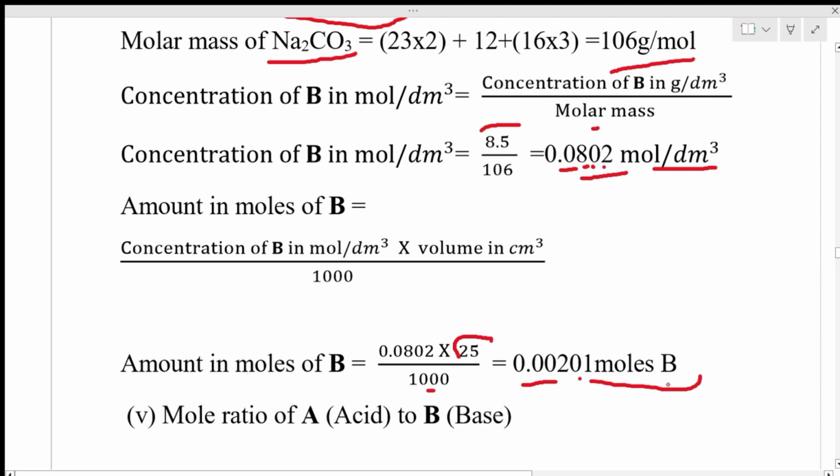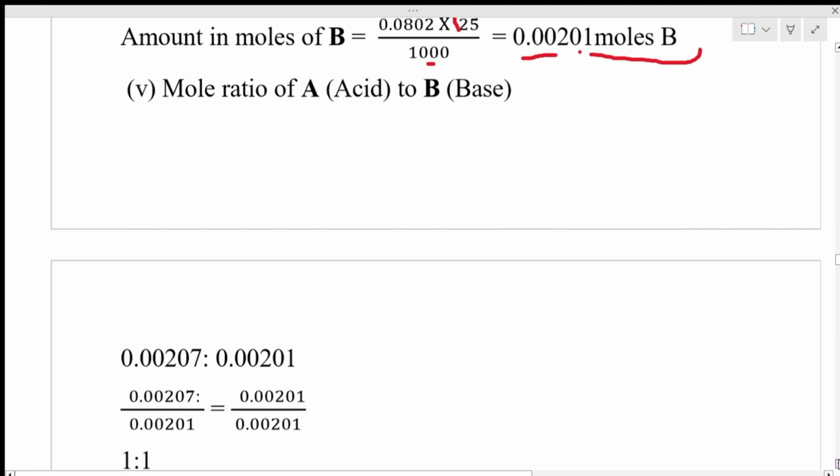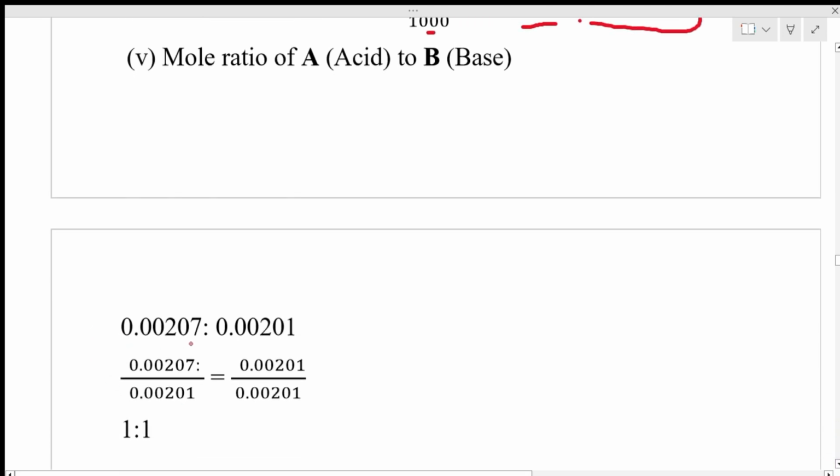Question 3 is the mole ratio of acid to base. For my acid it is 0.00207, for my base 0.00201. So how do I get my final answer? I'm going to divide both sides by the smallest.